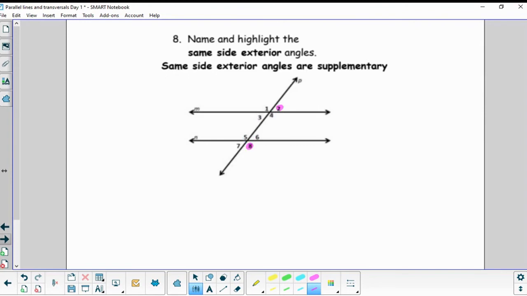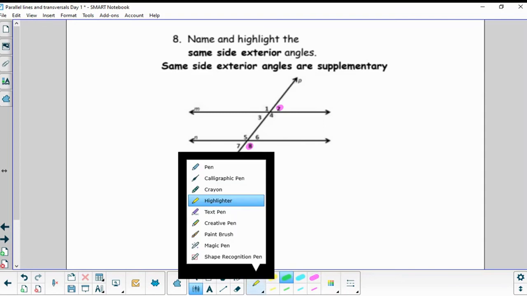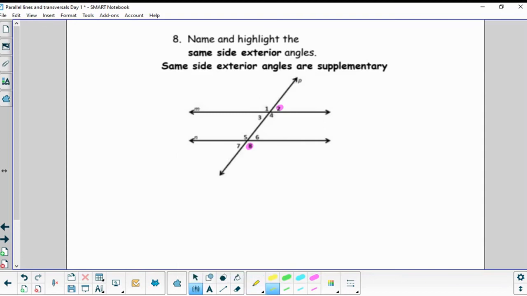Now we've got same side exterior angles, 2 and 8. Okay, we marked one on the inside. We want the exterior angles, so angles 7 and 1 are another pair of same side exterior angles.